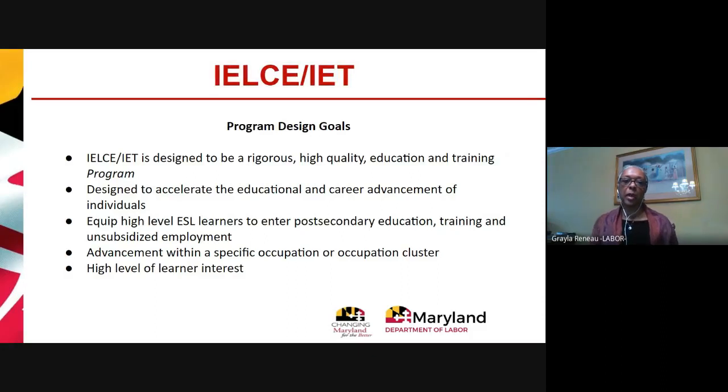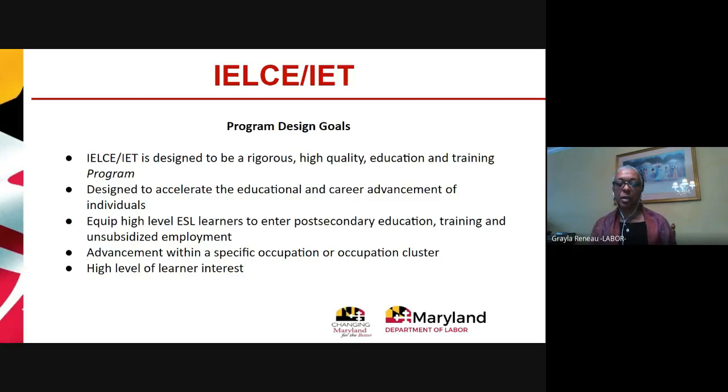So the program design is to meet the goals of being rigorous, high quality education and training. It is a program in and of itself. It's designed to accelerate the educational and career advancement of individuals.